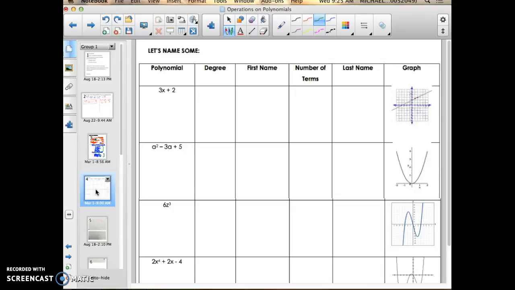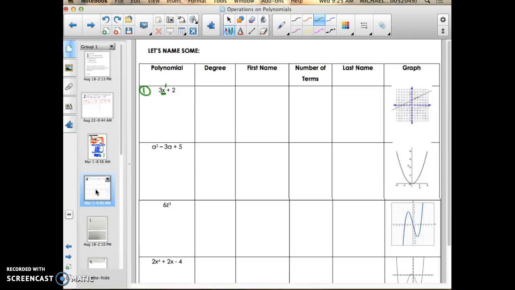And so let's say I had solved a polynomial, or an operation on a polynomial, and these on the left-hand side were my answers. So the first example, example 1, I see that it's 3x plus 2. So the first thing I have to consider is the degree. What is the highest power? In this case, the highest power is just the linear x, meaning that whenever there isn't a power that's distinguished, I can assume that it's raised to 1.